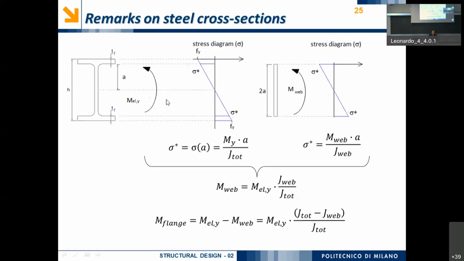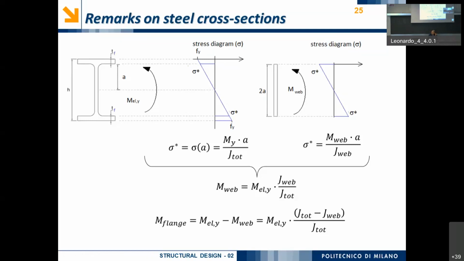So the stress at the opposite side of the cross section is equal to f_y, the yielding stress. Now, the value of M_y is known, but I would like to know which part of this bending moment is carried by the two flanges and which part is carried by the web.